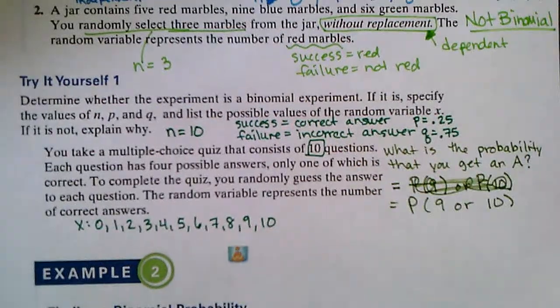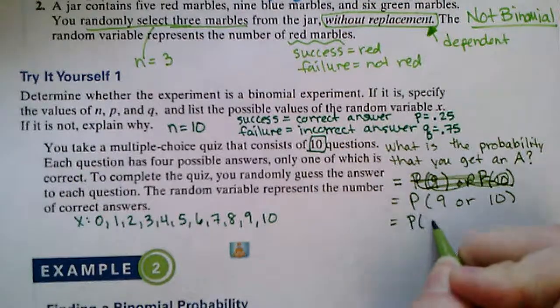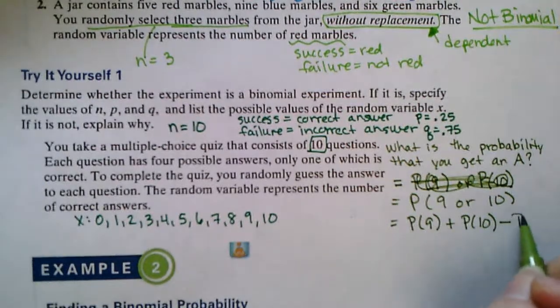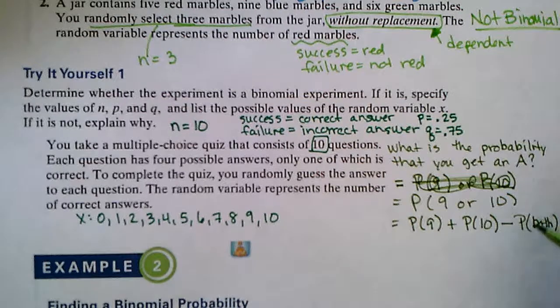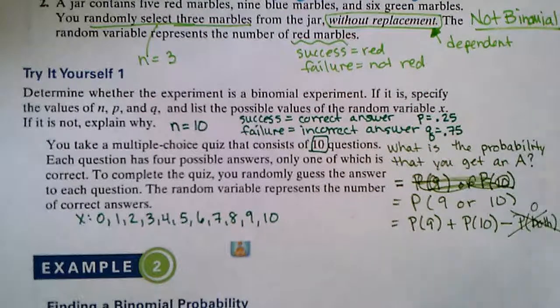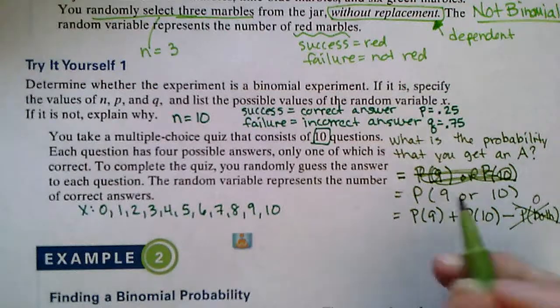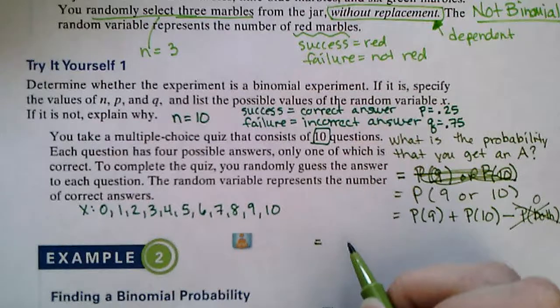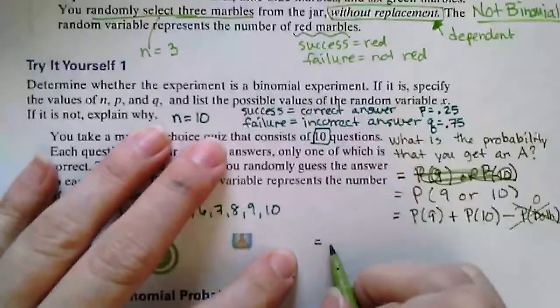Remember that the formula for the ORs was that I would take the probability of 9 plus the probability of 10 minus the probability that it is both. But since I can't get both 9 and 10, that value is going to be 0, so I don't need to worry about it. The probability that I would get 9 correct, I'm going to use that binomial formula. So the probability of 9 would be nC9.